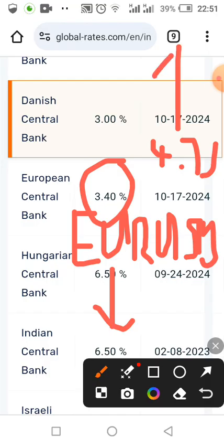So the US dollar on the weekly time frame will have a strong upward momentum, whilst the euro will have a stronger downward momentum.